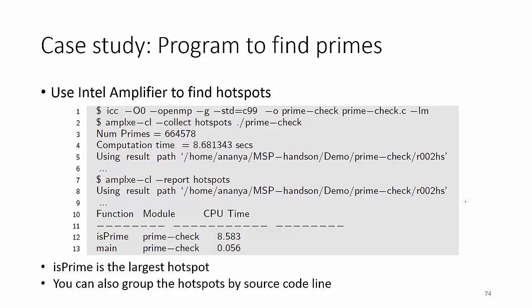So we run the program here with the command line version of the amplifier, and we find, not surprisingly, that the is_prime function, where we check if a number is a prime number, is the hotspot. It's also possible to group hotspots by source code line, but by default it provides information on the function level.